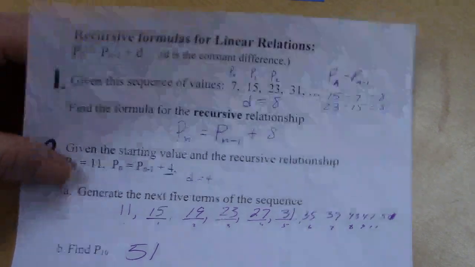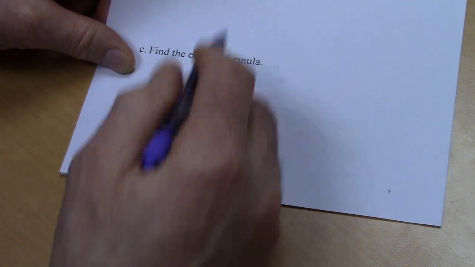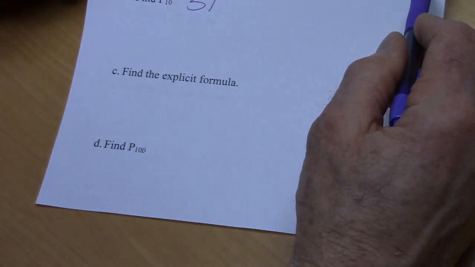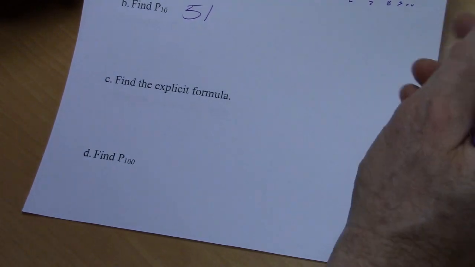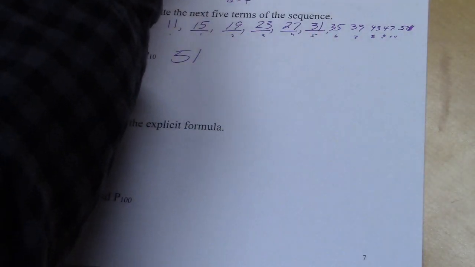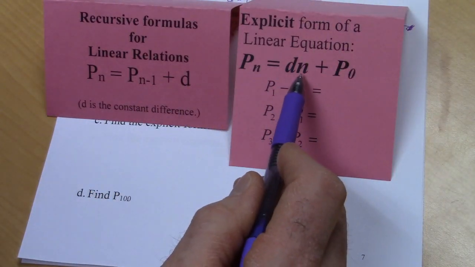We're going to ask the question next, how would you find p of 100 using a recursive formula? Well, if you kept this recursive formula, you'd just keep having to add 4, 4, 4, 4 until you got up to 100. But note that there's not that much difference between the recursive and explicit formulas.